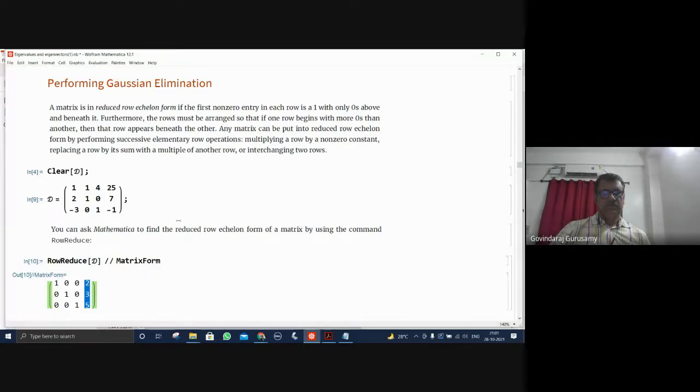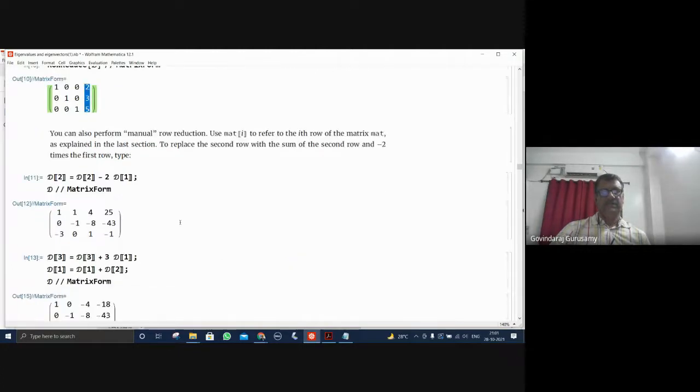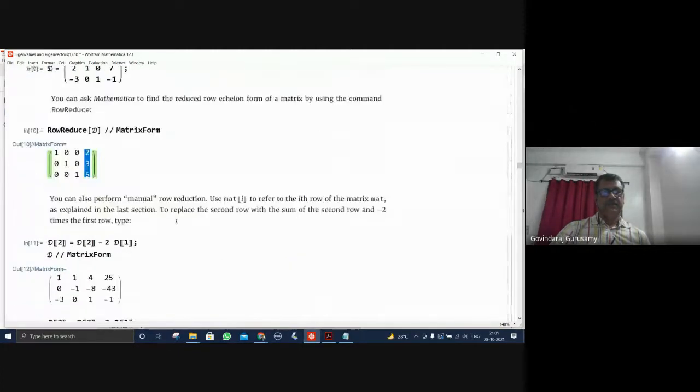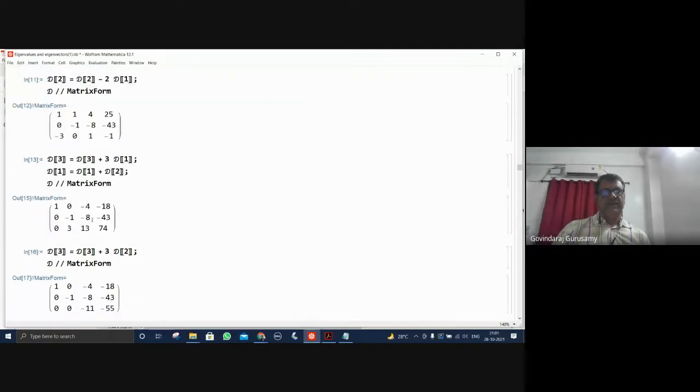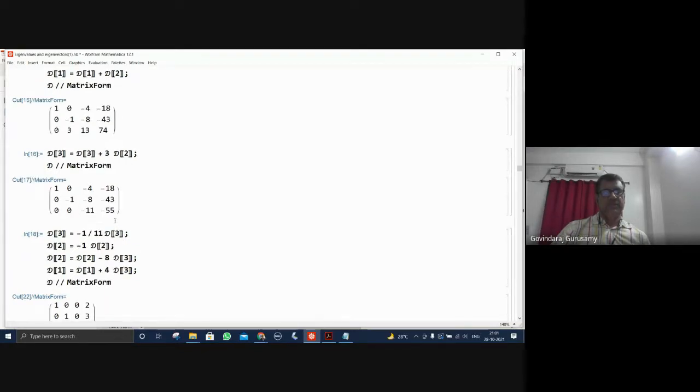Suppose if you wanted to do it by hand, manually, take the matrix now. This is the starting matrix that you have. R2 is replaced by R2 minus 2 times R1. You can see here that is done. R3 is R3 plus 3 times R1. R1 is R1 plus R2, matrix form.